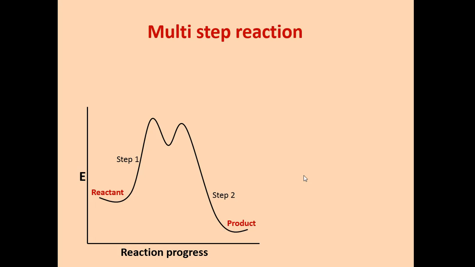There are two maxima in the curve, and the two maxima correspond to the two transition states during the two steps. In between the two maxima, you find a minimum, and that minimum corresponds to the intermediate. What you find is that when you have two steps, you have one intermediate.